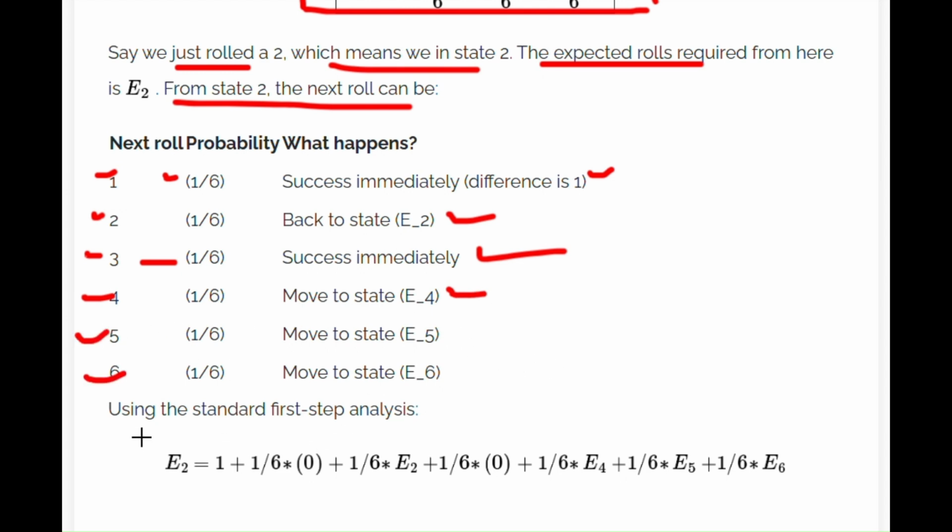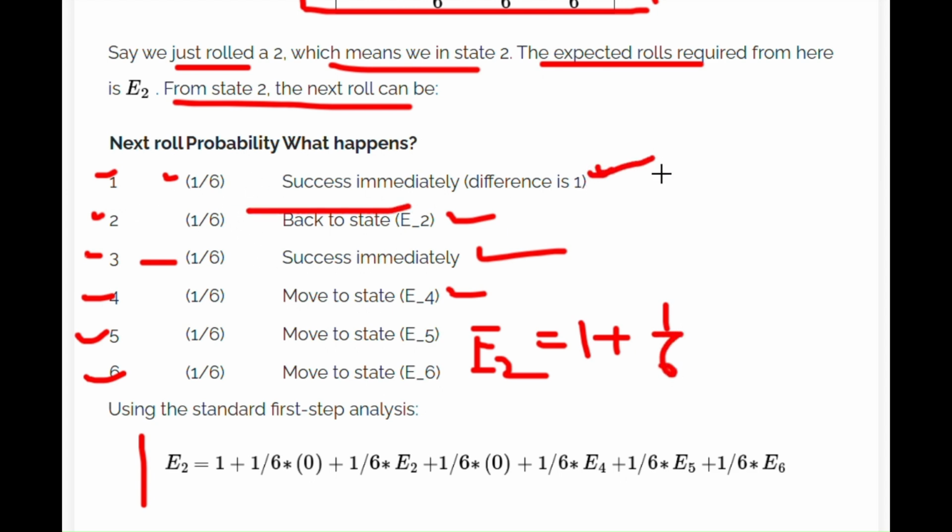Once again, we write the equation just like we wrote it previously. E2 equals, the number of rolls required from state 2 is 1 plus 1 by 6 times this first one, which is the success criteria. So we don't require any rolls from this position because this is already the absorbing state, plus 1 by 6 times E2 plus 1 by 6 times E3, which is again 0 because this is also a success state, 1 by 6 times E4 and E5 and E6.